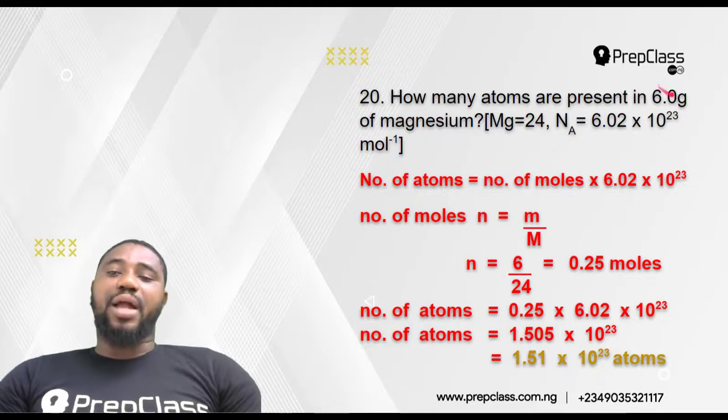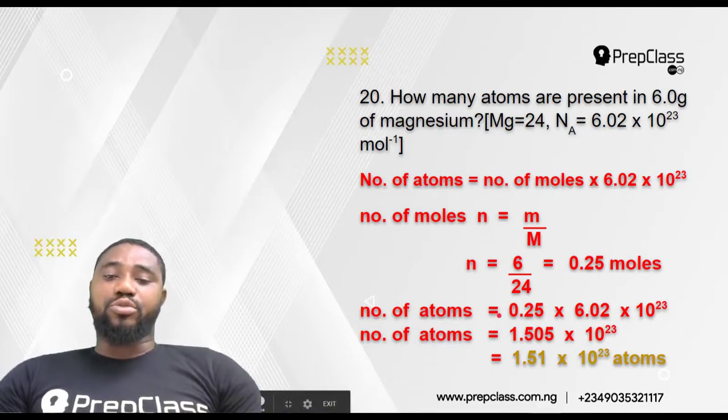So we use this to find the number of moles. Number of moles n equals m over M, mass over molar mass. So number of moles becomes the reacting mass 6 grams over molar mass of magnesium 24. That will give you 0.25 moles.